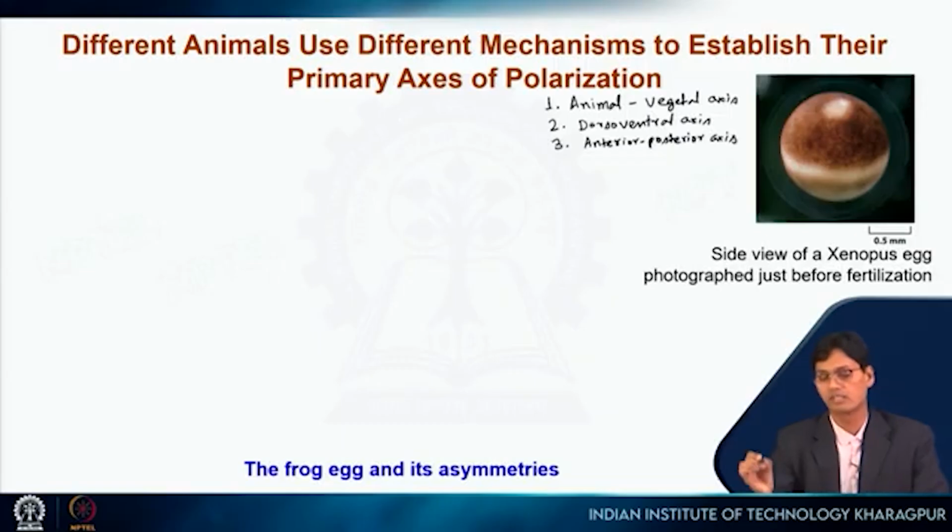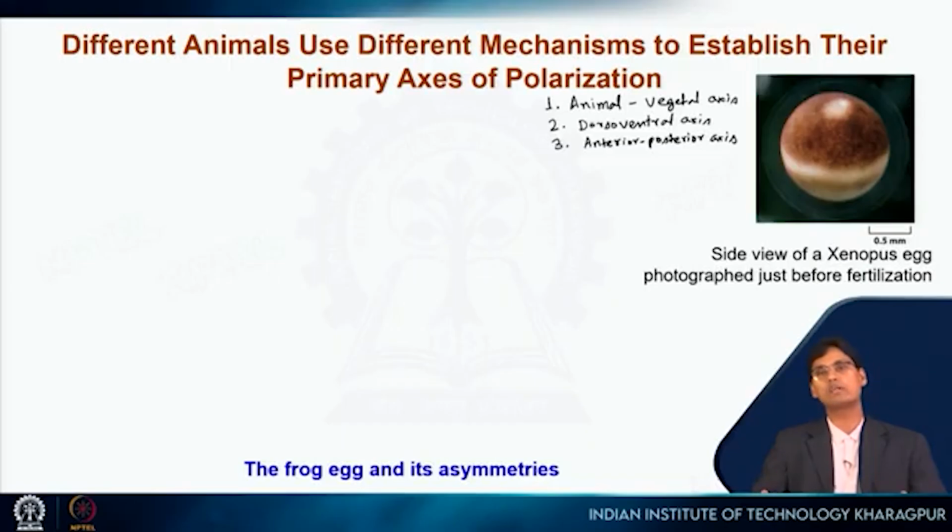Now, the problem with the naming is that the animal vegetal axis has nothing to do with vegetables or anything. This is a weird name. The animal vegetal axis determines which portion will be internal and which portion will be external during development.